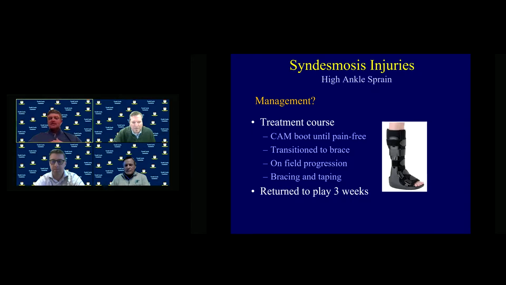But I think that single leg heel rise is a very key component. The ones that have that dynamic instability, in particular that posterior translation to the fibula, really struggle with getting off the ground with that single leg heel rise. I don't think I've ever operated on a patient who could do a single leg heel rise.